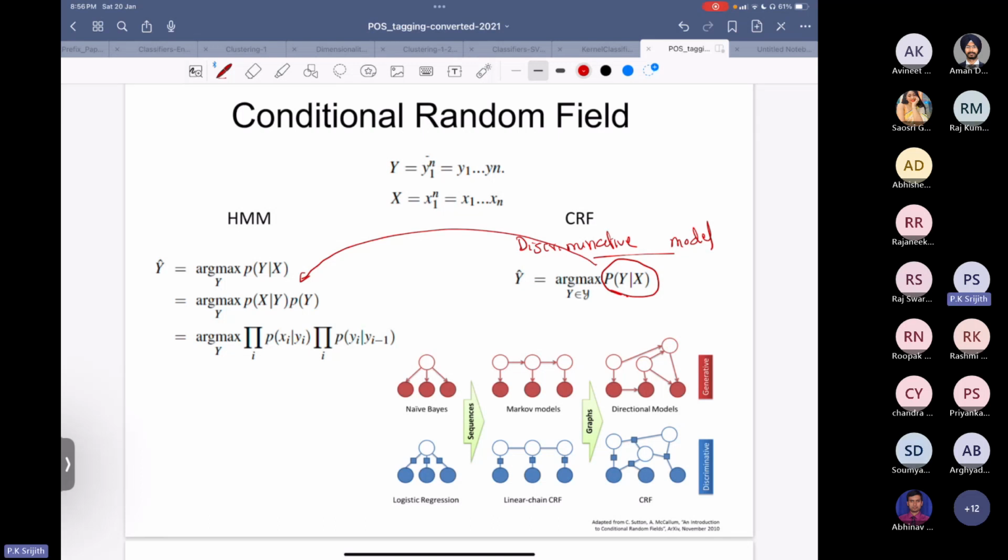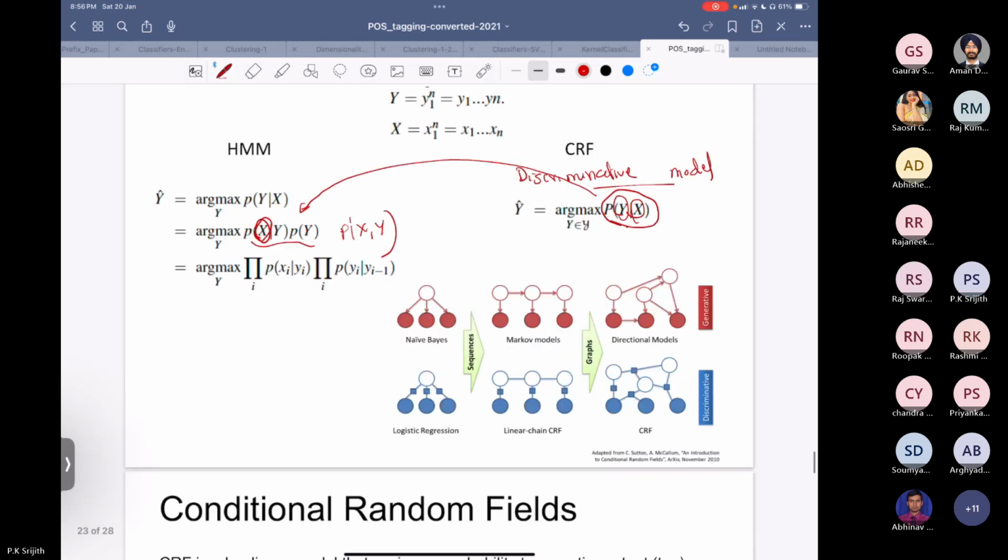So we never try to model x. That's how it is different from a generative model. In a generative model, we try to model x also in addition to modeling y, so this represents the joint distribution of x comma y. But in the case of a discriminative model, we don't care about how the x's are distributed. We only try to model the distribution of y given some x, assuming some x is given to us.